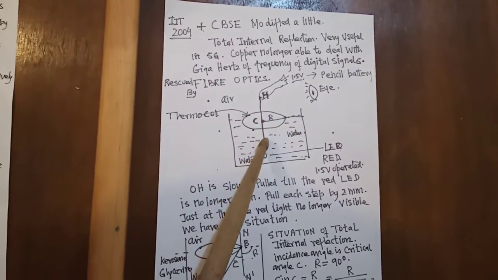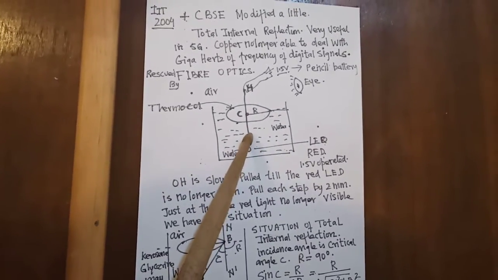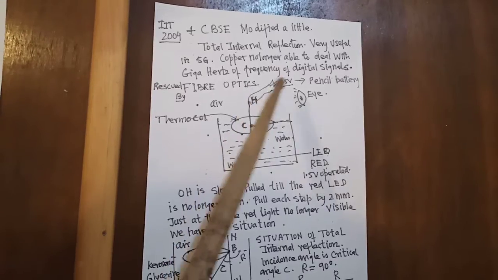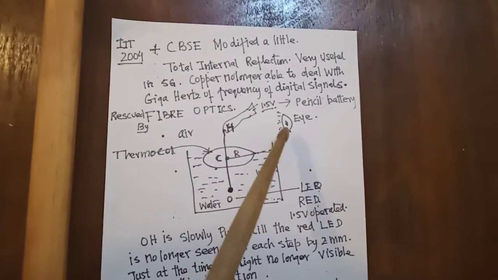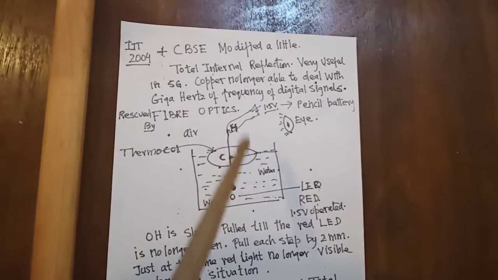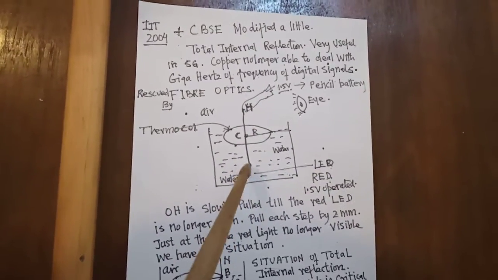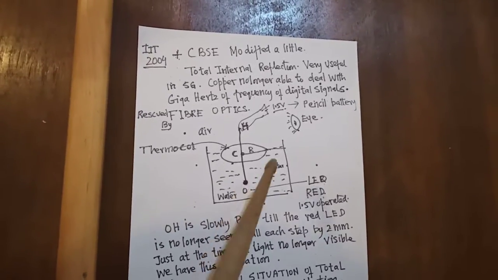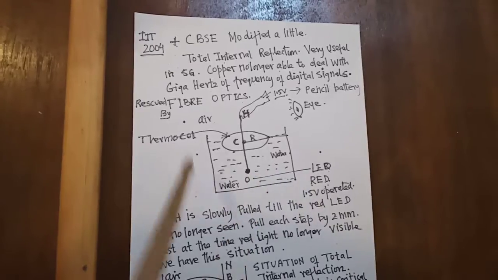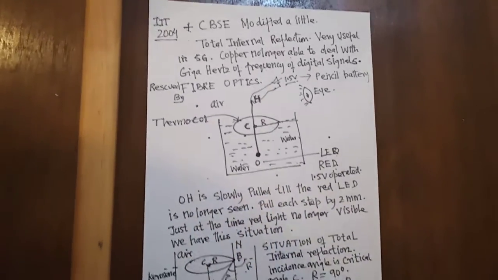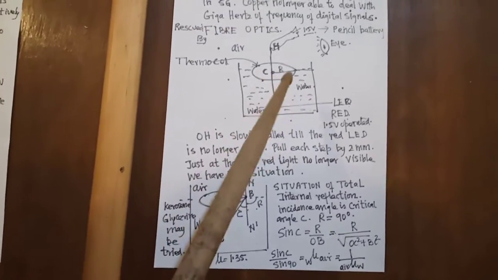On this stick, you fit one LED, and with two wires, you connect it to a 1.5 volt cell, a torchlight cell, so that you will get the lighting. Preferably a red LED is better because red has the strongest spectrum of the rainbow. So here, what do you do now?